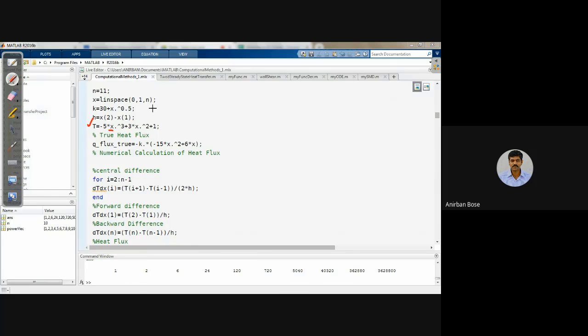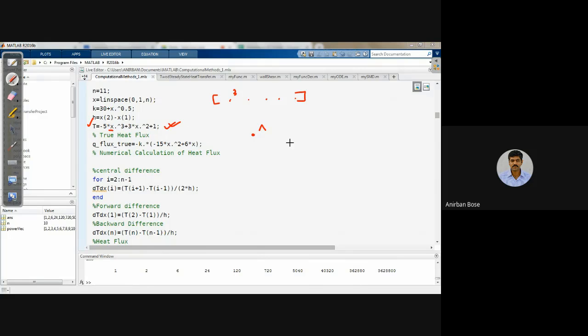Remember, x is an array containing a total of 11 numbers. If you want to take the power of each term, you have to use not just power but dot power. So that is why it is x dot power 3 plus 3 into x dot power 2 plus 1.